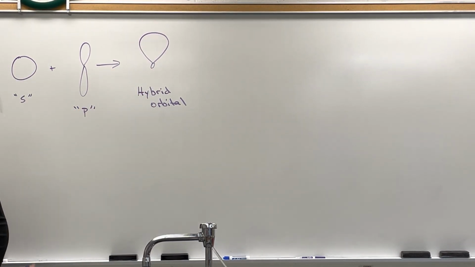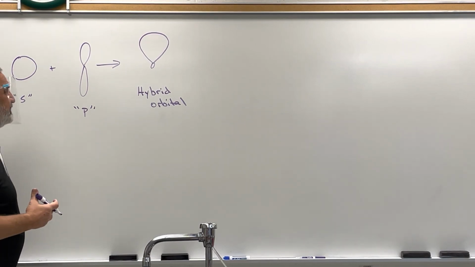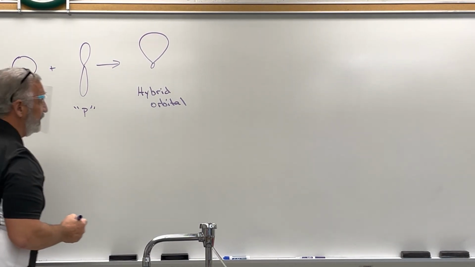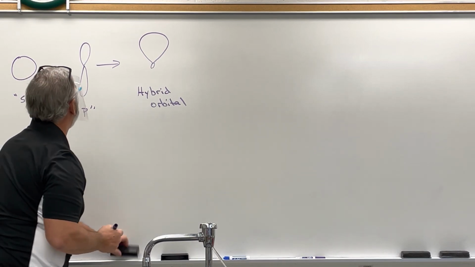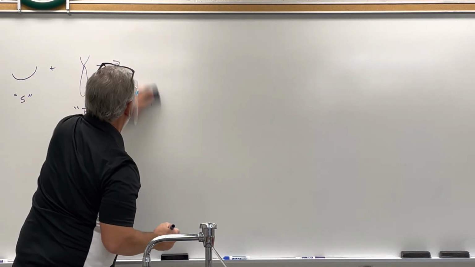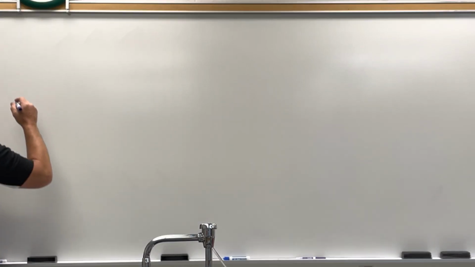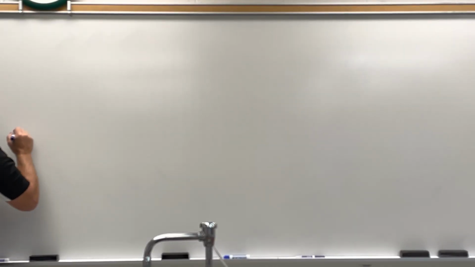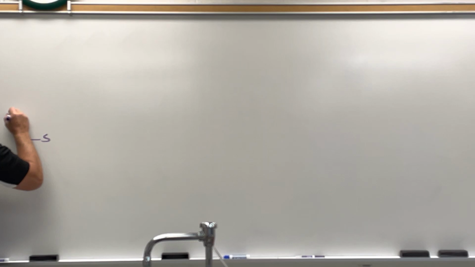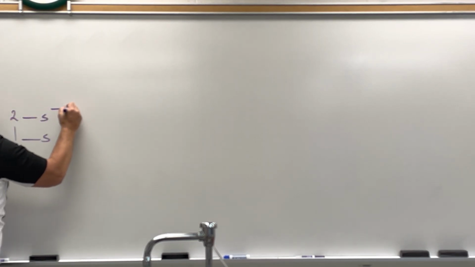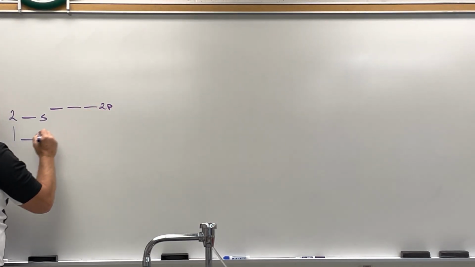Now, how do we know this occurs? Why does this occur? If I look at carbon, okay, 1s, 2s, 2p.